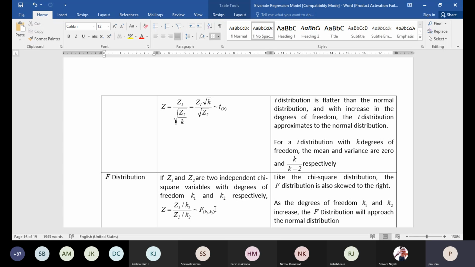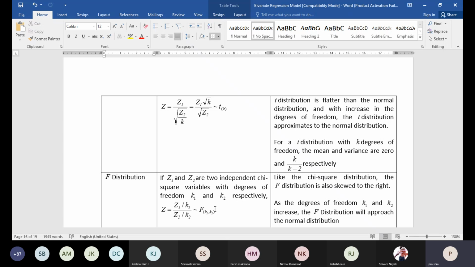And point number 2 is basically while testing of hypothesis. As I said, we need to set the hypothesis, the null hypothesis. For individual coefficients, say for example, we'll set the null hypothesis that alpha is equal to 0, means there is no intercept.